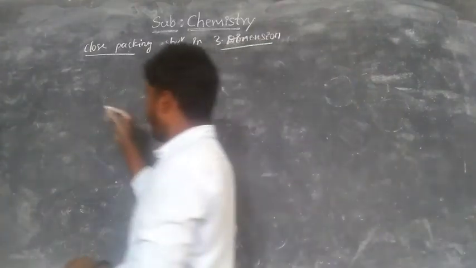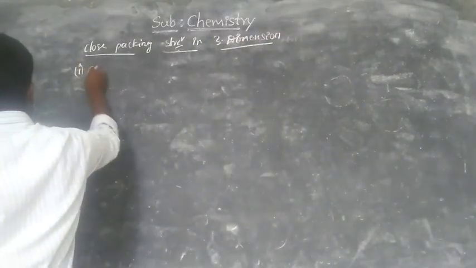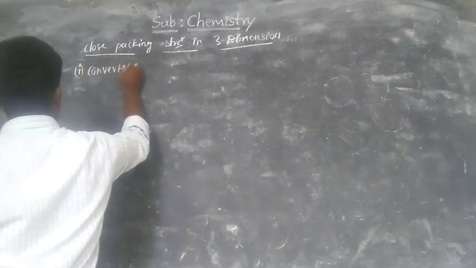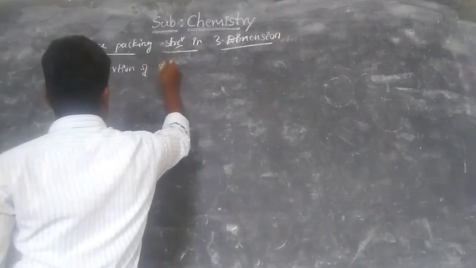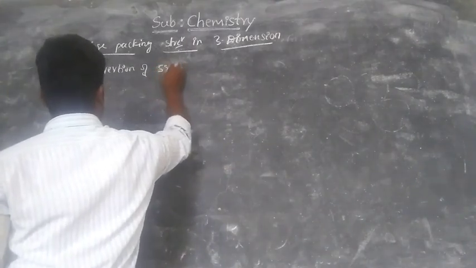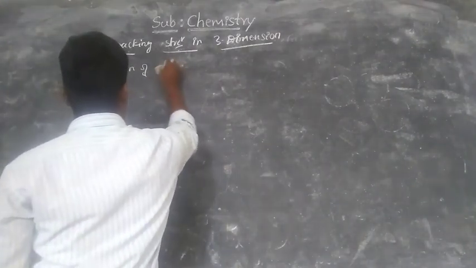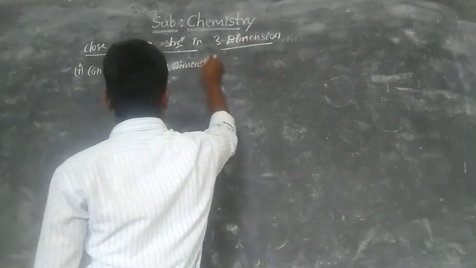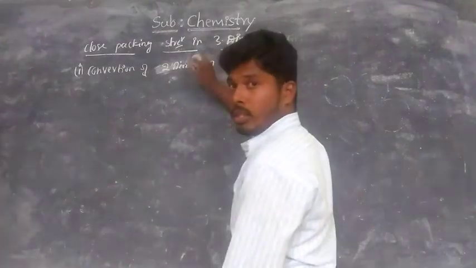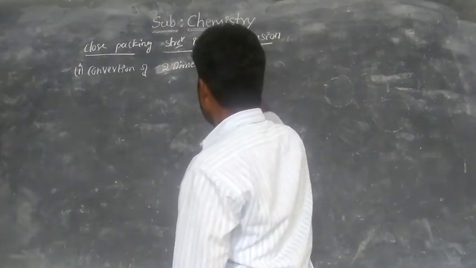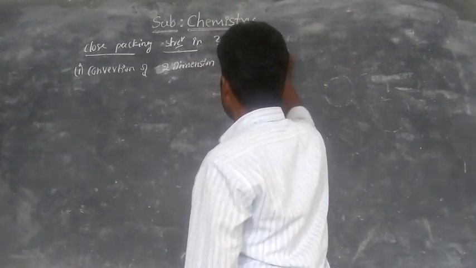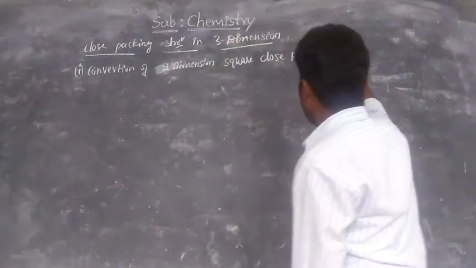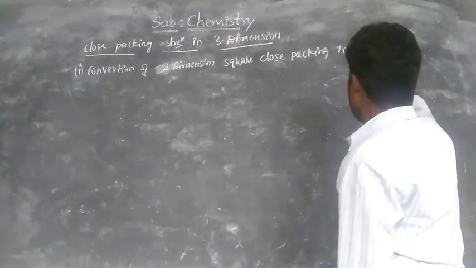Now the first one is conversion of two dimensional square closed packing into three dimension.